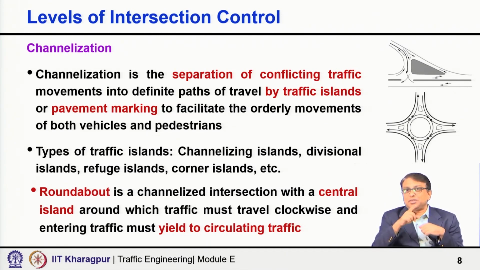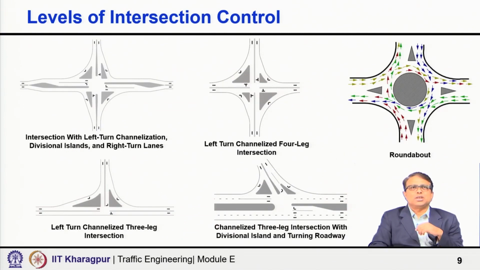So, the two major criteria here are: all the traffic must travel clockwise, and second, entering traffic must yield to circulating traffic. Both these conditions are to be satisfied.